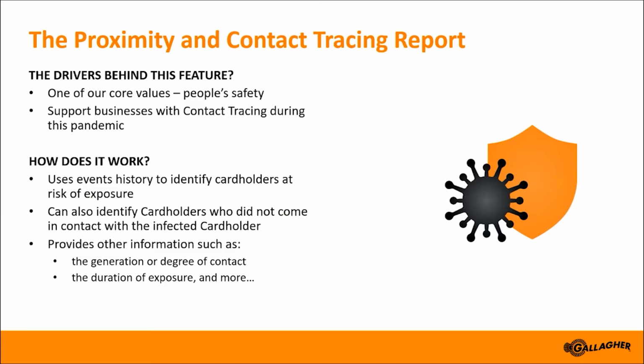For each cardholder identified who is at risk of exposure, the report provides other information such as who the cardholder was infected by, the generation or degree of contact, and for how long the cardholder was exposed to the infected cardholder, and more. Wayne will discuss these and other features of the report in his demo later on.